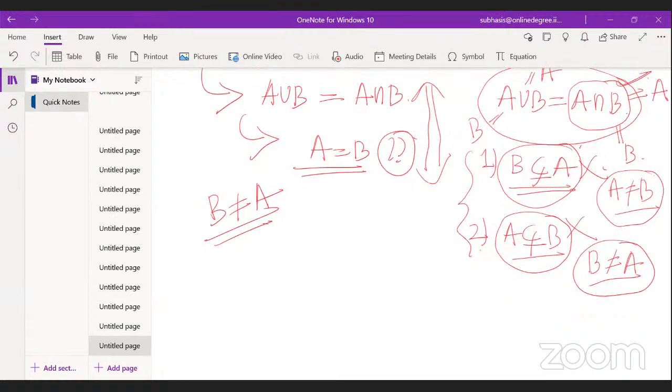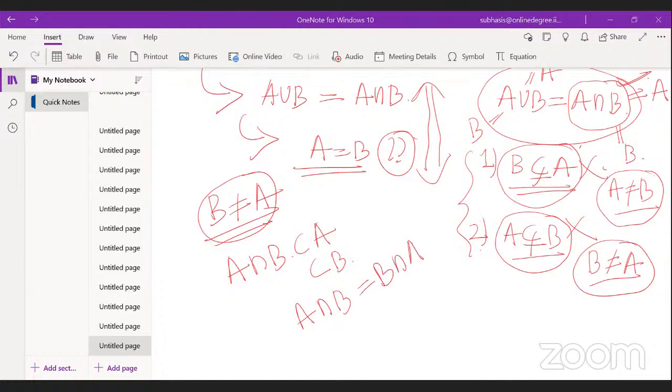Suppose B is not equal to A. Then A intersection B is a subset of A, and A intersection B is also a subset of B. So if B is not equal to A, can you say whether this will hold or not? A union B.